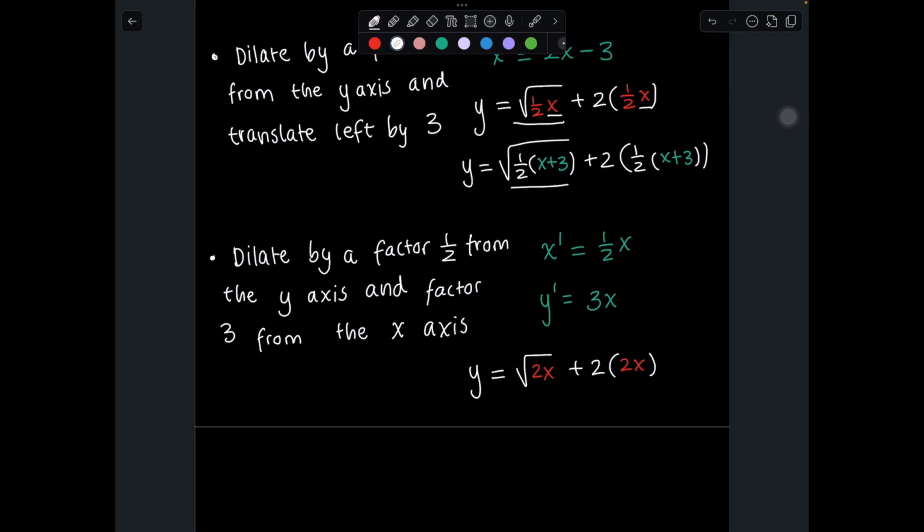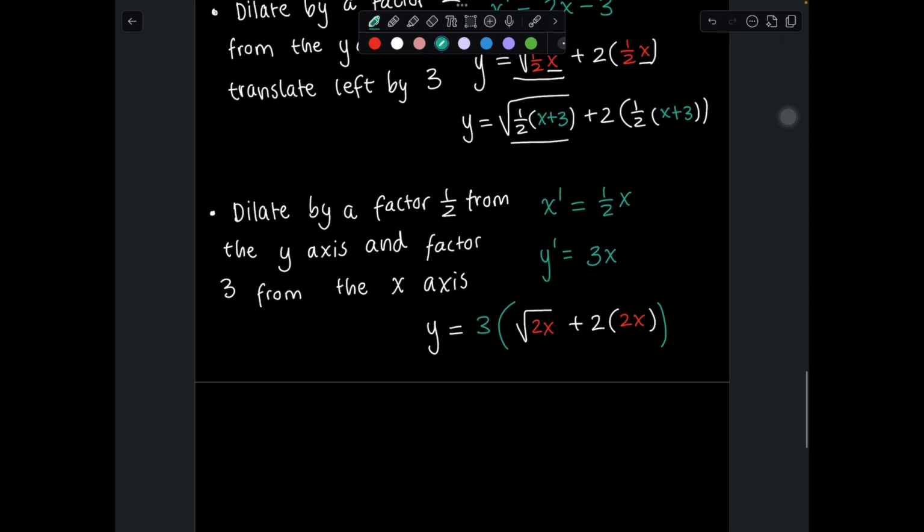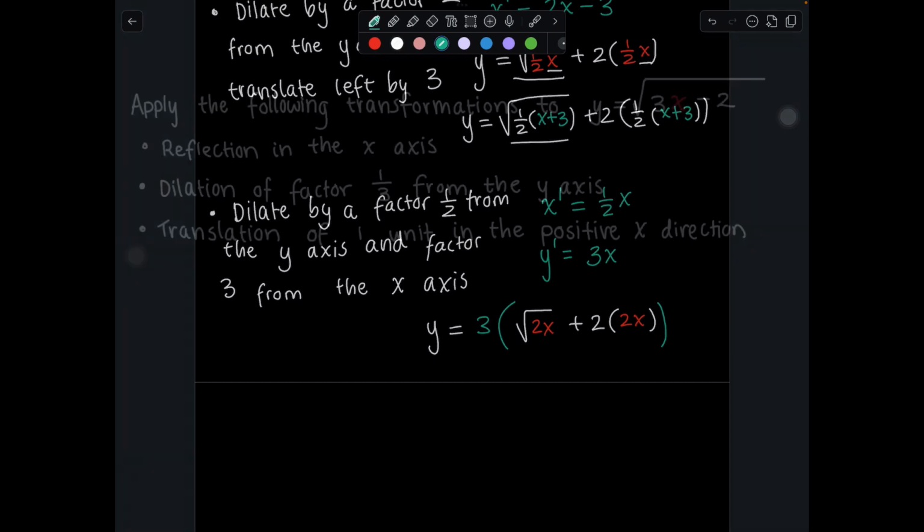And then dilating by a factor of 3 from the x-axis means that you're stretching the graph up vertically and you're tripling all of the y values. And to apply this, you multiply the whole graph by 3. So you would just get this entire graph times 3. And you can expand that and simplify it further as well.